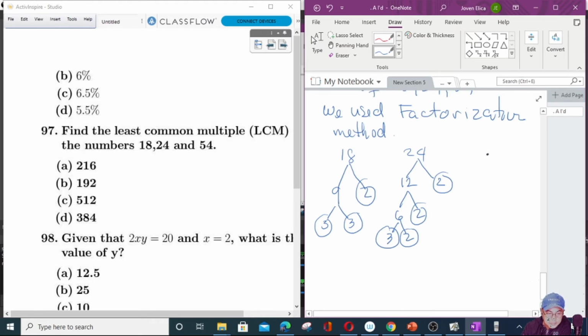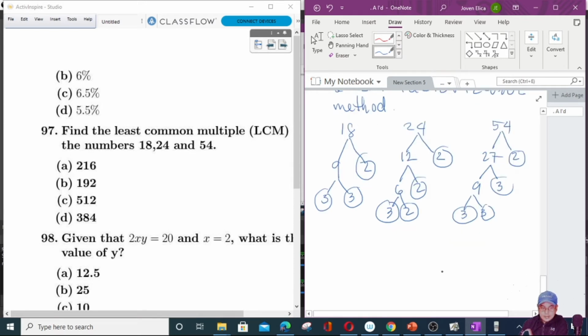The other one is 54. What is the factor of 54? So 27 times 2. And then 9 times 3 is 27. And then 3 multiplied by 3 is 9. So this is the prime factor. Now for 18, the factors are 2 and 3 squared.